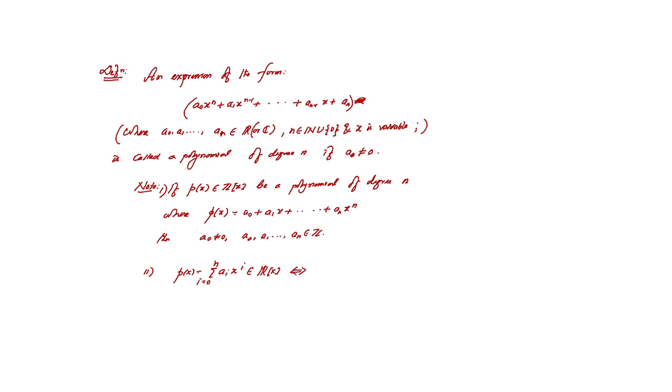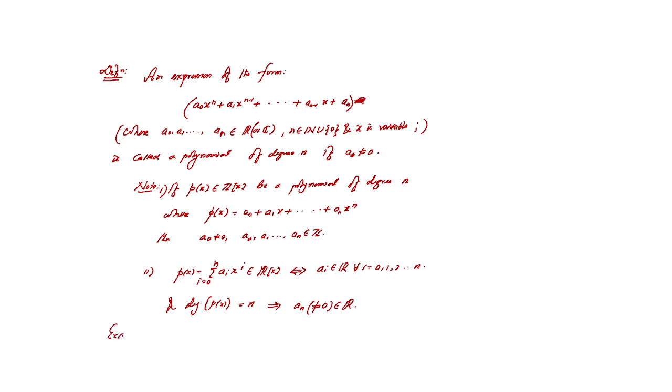That means all ai are basically real numbers for all i equals 0, 1, 2 up to n. And if I say degree of polynomial p(x) is equal to n, that implies n must be non-zero, and this is also a real number.